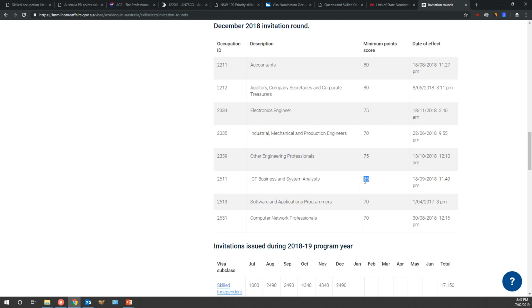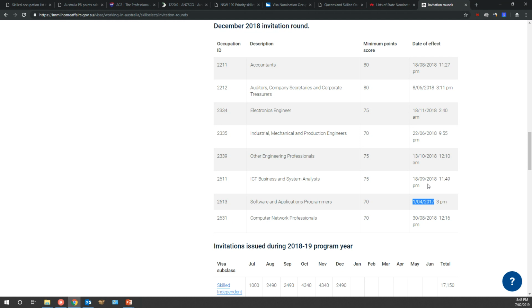2611, 75 points. You would have to get 75 points for 189 visa, so 70 is not even enough. And another one was software application programmers, 2613, right? And you would need 70 points to be considered, but have a look over here. Date of effect, 1st of April 2017, so almost 2 years ago.